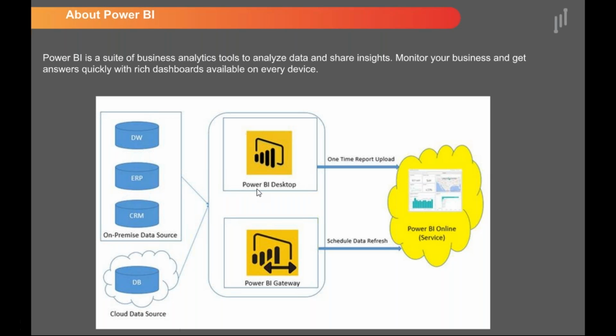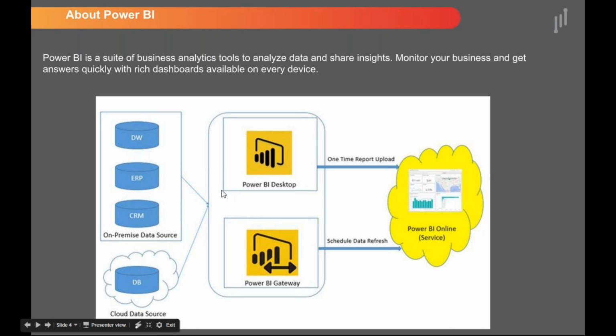We usually build reports and do all the visualization work on the desktop, and once it's done, we publish it onto the Power BI online service, which is an app. It's also called the Microsoft Cloud. So on that, our reports are published. Once the report is published, it's not a static thing. We can keep it dynamic. There is a continuous scheduled data refresh that happens, which can be taken care of through a Power BI gateway.